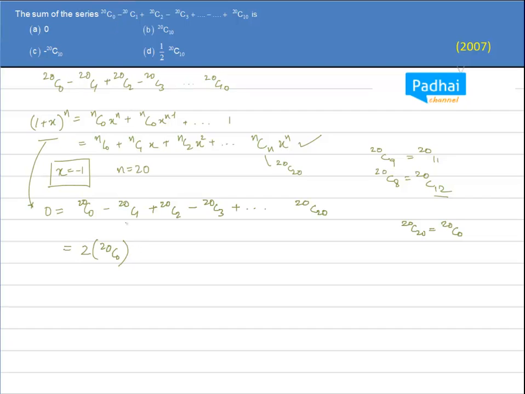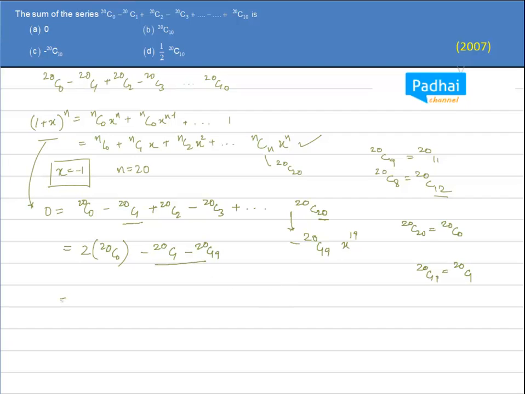Now let us see what the next term will be. 20C19 will have x raised to power 19 with x equal to minus 1, so this will be negative. Here also it is minus 20C1 minus 20C19, and we know that 20C19 is nothing but 20C1. So this term will also be twice.